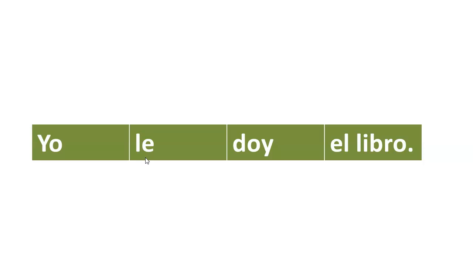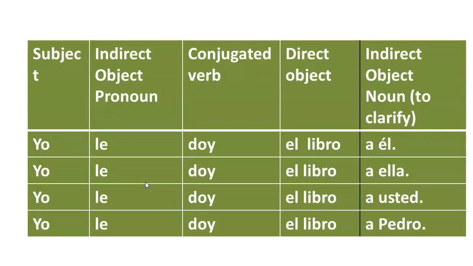So this is really important. With these indirect object pronouns, with le and with les, we have to use a little phrase to clarify. It consists of the preposition a plus what we call the object of the preposition. Okay, so in order to clarify this statement, I would have to add what we also call an indirect object noun.